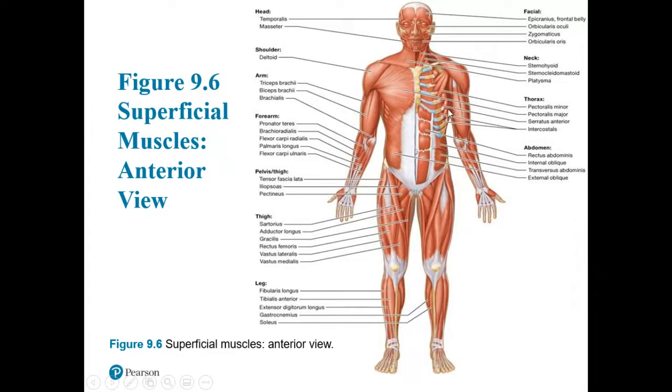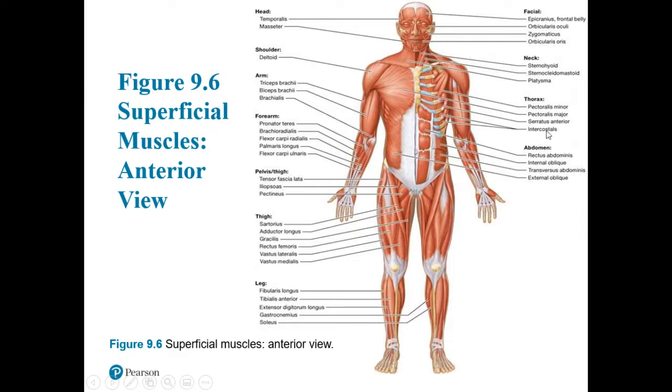Serratus anterior muscles are located superior but lateral on the rib cage. Then we have the intercostal muscles. All of those are involved in expanding the rib cage so that you can actually breathe.